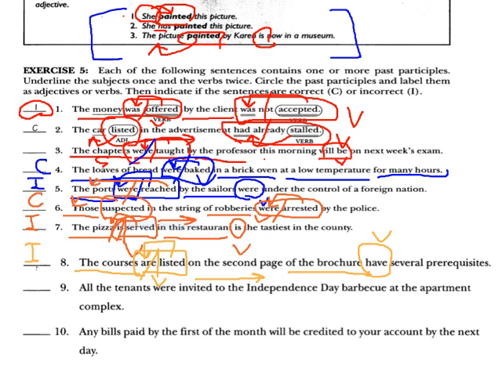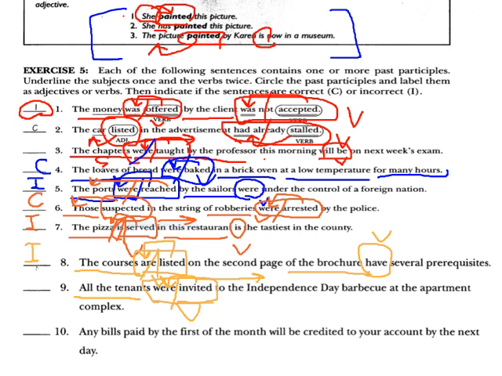Fine. Number 9. All the tenants were invited to the Independence Day barbecue at the apartment complex. Okay, all the tenants, this is the subject, were invited, verb. And how do you know that it is a verb? Because it contains invited, which is past participle, and here it is a part of the verb because it is accompanied with were, which is a verb to be.